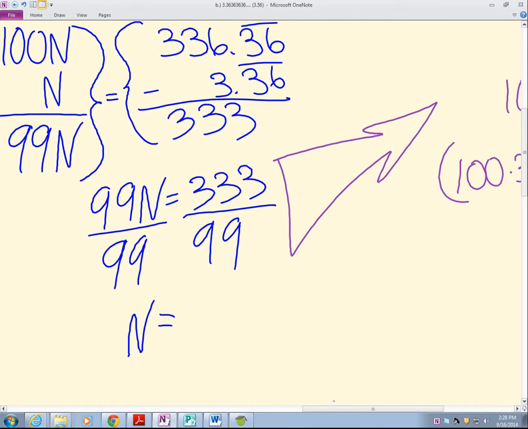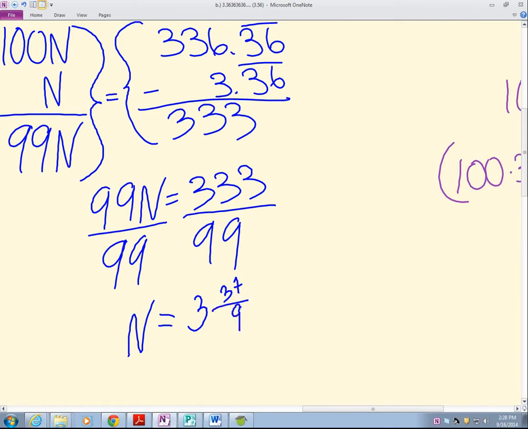So the correct answer is n equals 3 and 37/99. Oh, not 37, 36. Thank you. 36. And we have to simplify that.